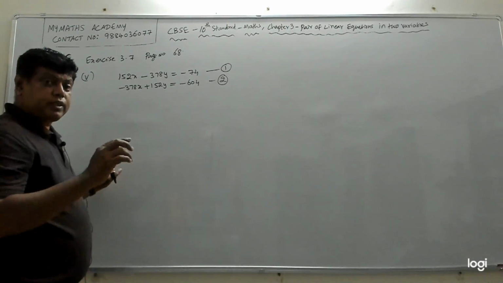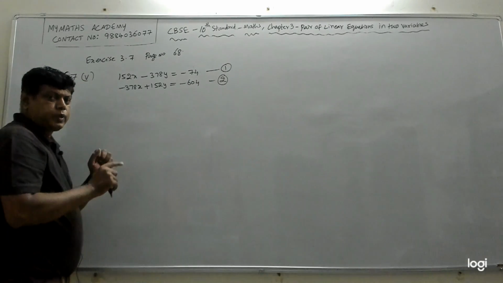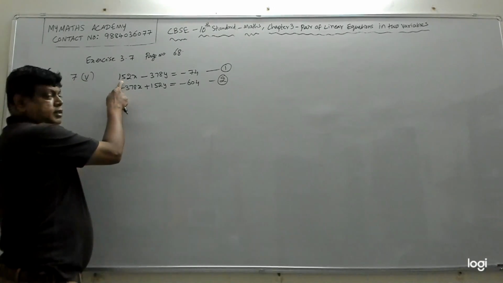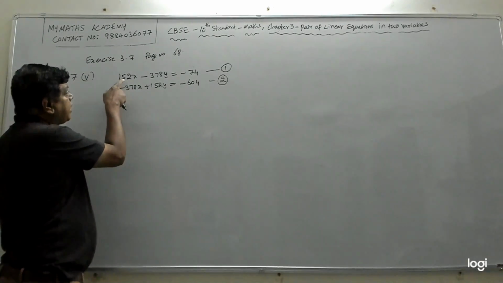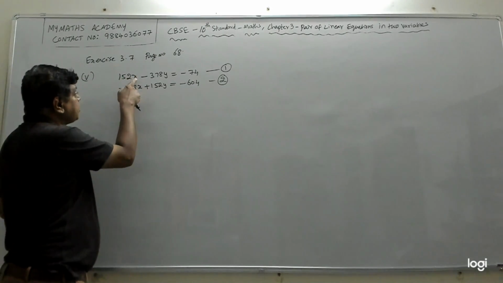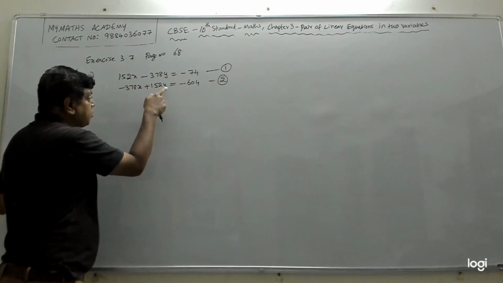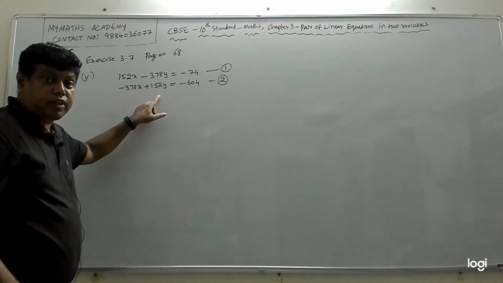The other thing that we generally check is, if there are big numbers in the equation, whether the coefficient of x in the first equation matches the coefficient of y in the second equation, along with the sign. The sign also should match.